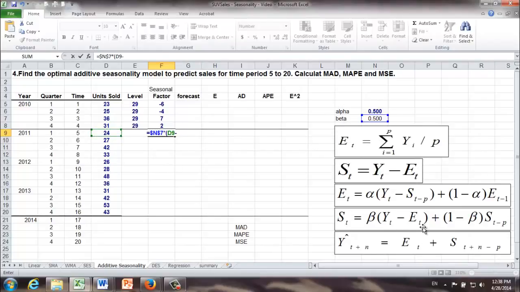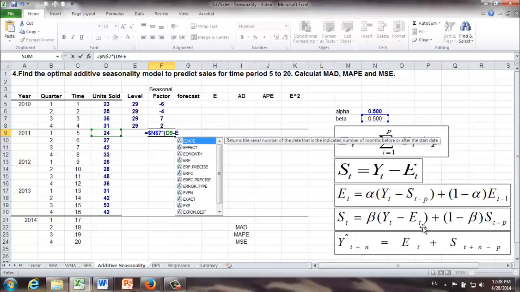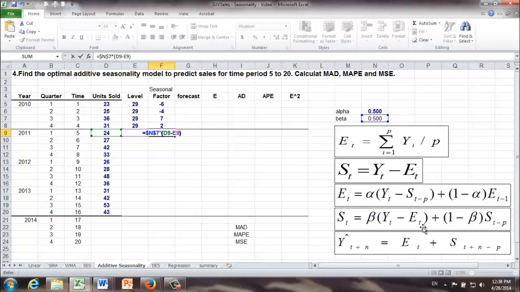Minus E5, the number we got a second ago, so it's in cell E9, plus 1 minus beta, 1 minus 0.5, absolute cell reference once again, times S sub T minus P. T is 5, P is 4, so T minus P is going to be S1, right here. Return.